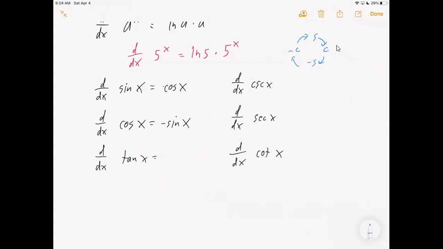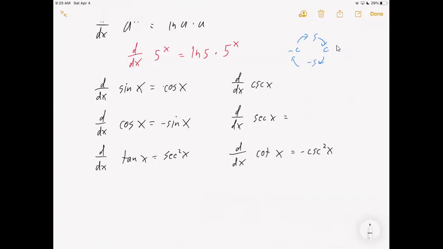All right, and then we're getting into our tangents and cotangents. Okay, so the tangent is secant squared of x. Likewise, the cotangent is negative cosecant squared of x. Now these were a little bit trickier.